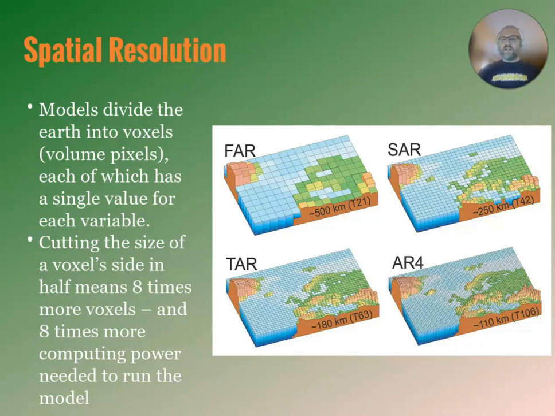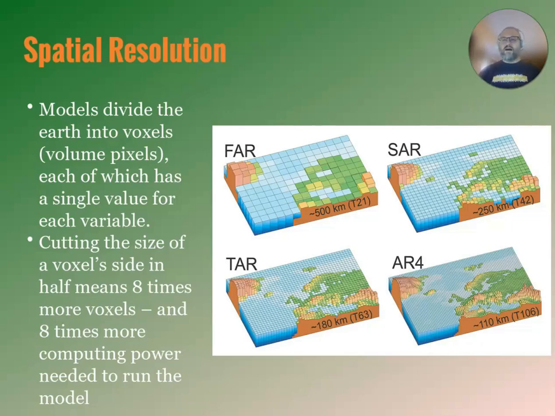So they basically took each of those voxels and split it in half in each direction. Third assessment report, they got it down to 180 kilometers to a side. AR4, the fourth assessment report, 110 kilometers per side. So they are increasing the spatial resolution, and you can kind of see on those illustrations there. The first one, you might look at that and you have no idea what part of the Earth that's supposed to be. By the time you get to the last one, it's pretty recognizably Europe on the diagram there.